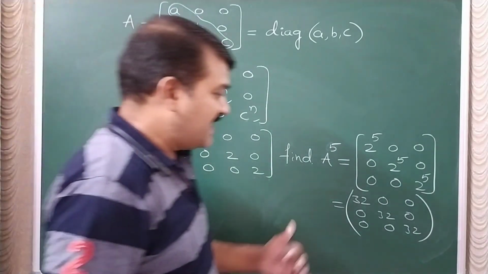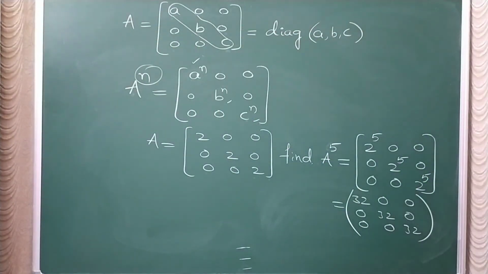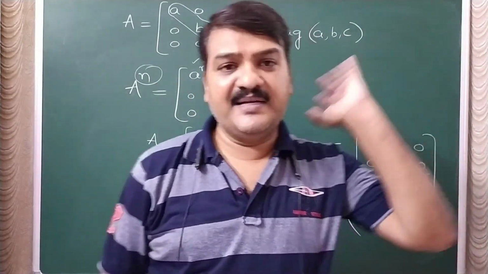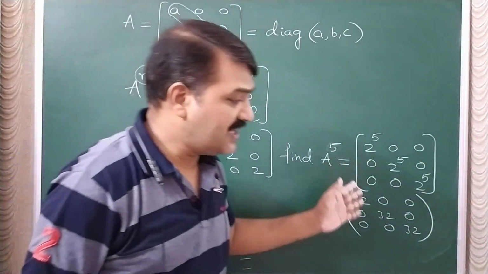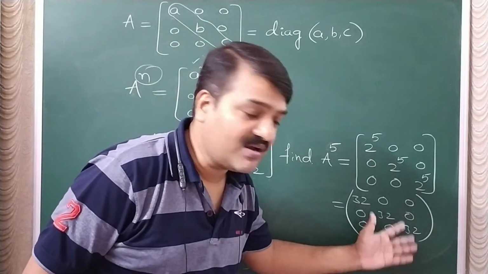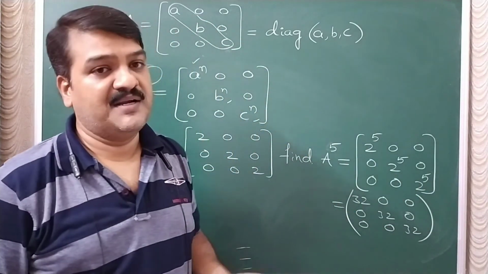So A power 5 means I will get like this. So what happens if I take 32 common from the matrix? You know that when you want to multiply a matrix with a constant, multiply with all elements of the matrix. Similarly, if you want to take common also, you have to take common from all the elements of the matrix.